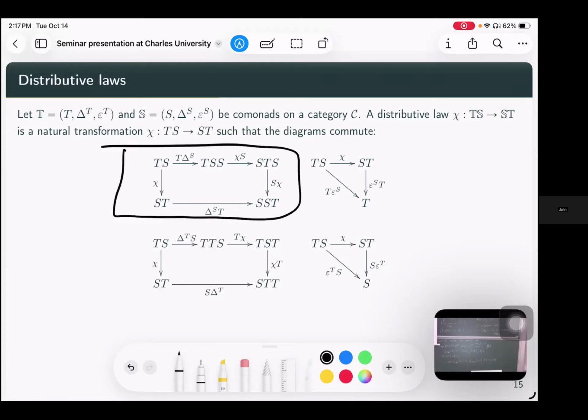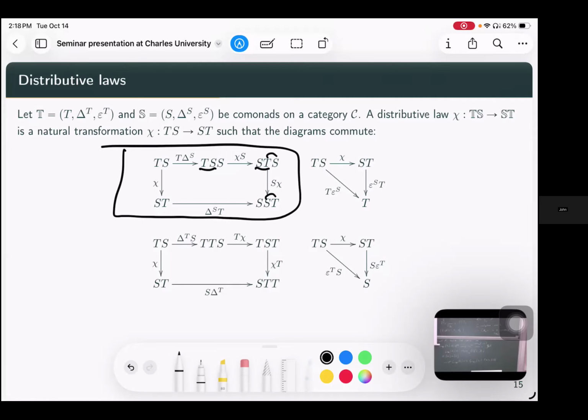fixed and we just operate on the S. So here we keep the T fixed, we apply the coproduct to the S to get TSS. Then we apply chi between these two in order to get this one, whilst we keep this S fixed. Then we apply chi again between these two.